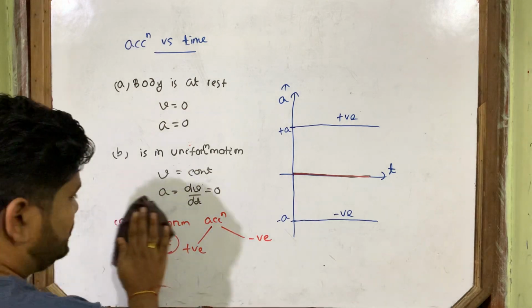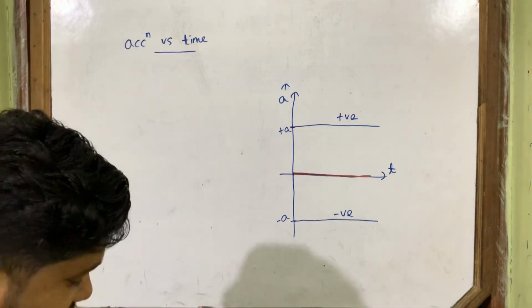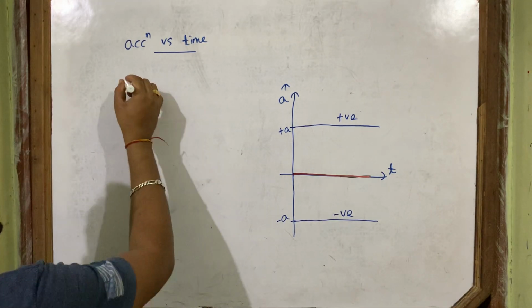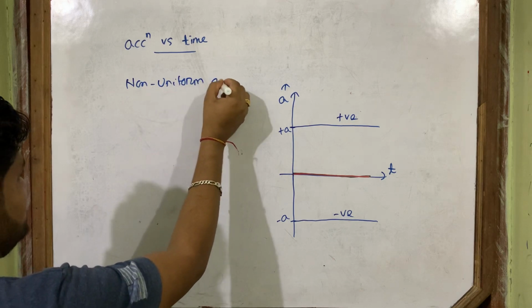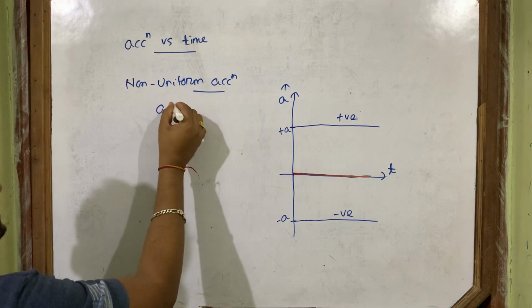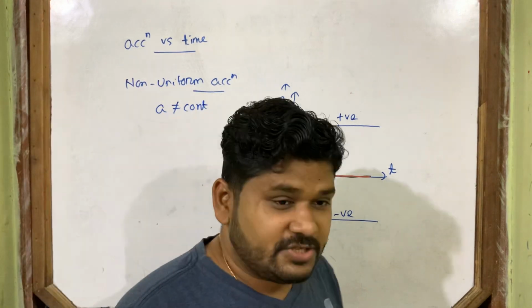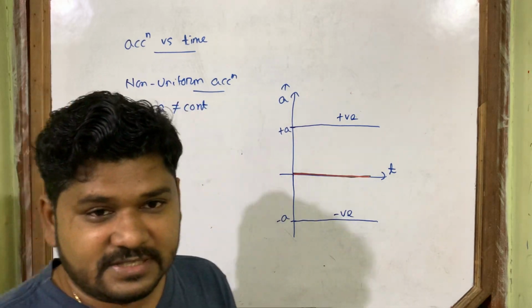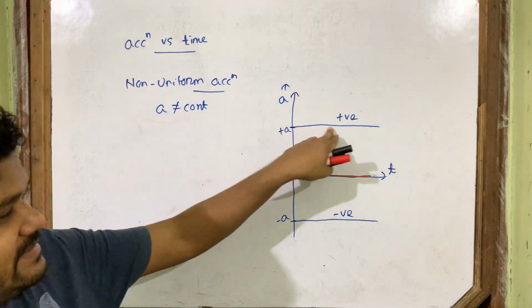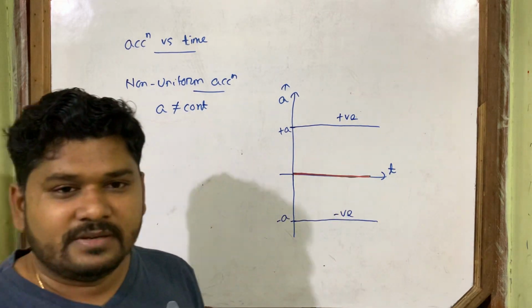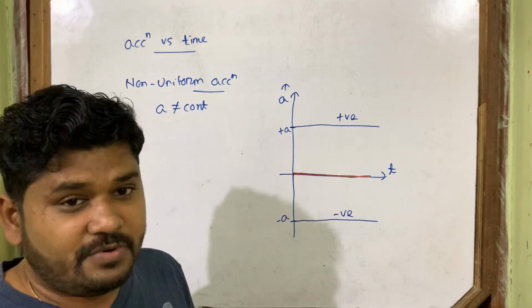Now we come to non-uniform acceleration. What happens here? Non-uniform acceleration means acceleration is not constant. If acceleration is not constant, the graph can be any line, leaving these two lines only. It may be a straight line also, no problem.